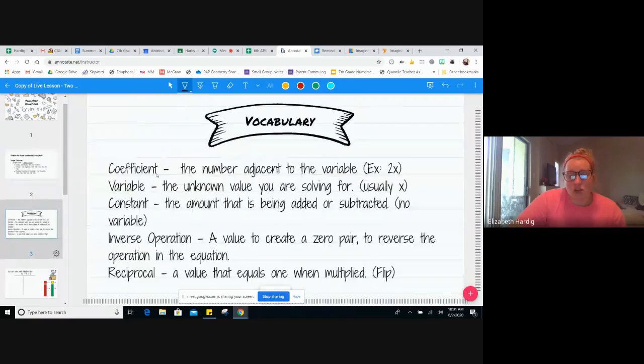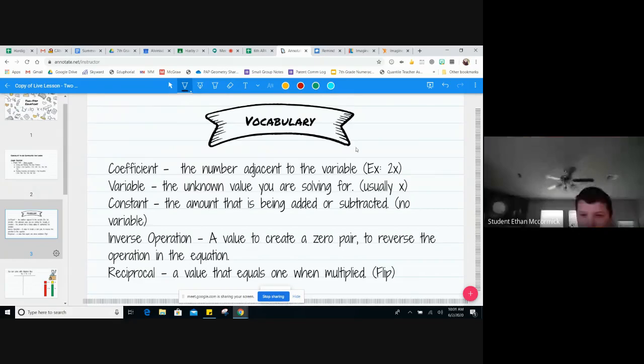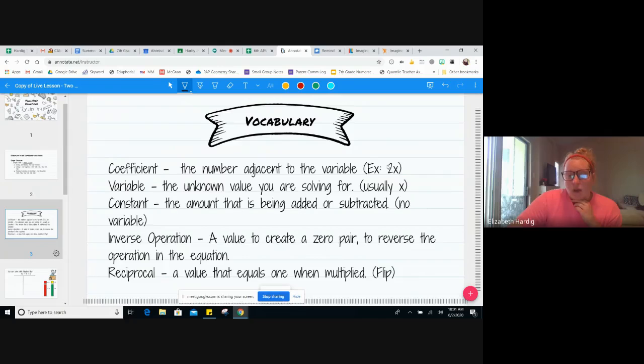First, a coefficient. It's a number adjacent, which means right next to the variable. So if you have 2x, what would your coefficient be? Does anyone know? For this one right here, if a coefficient is a number right next to the variable, what would the coefficient be for 2x?